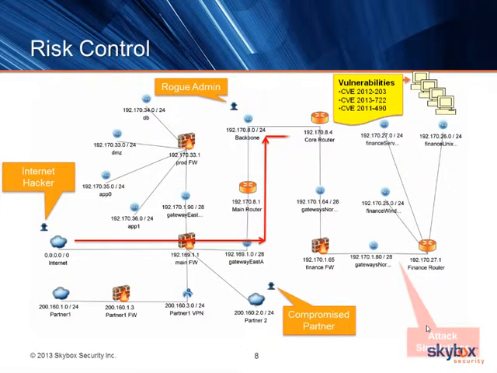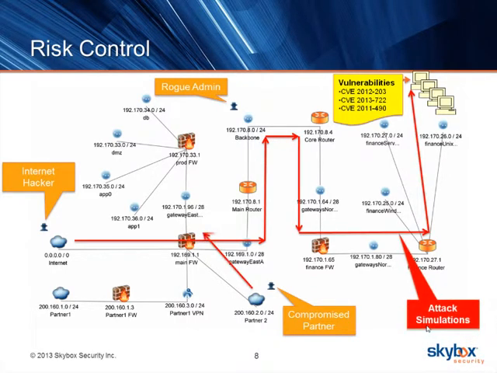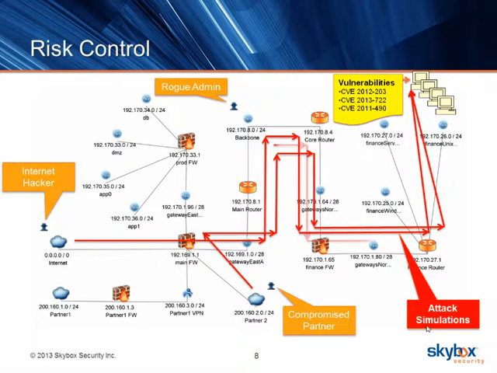Then we do attack simulation. From every one of the threat origins, we try to exploit every vulnerability on every asset we know about by seeing if the data necessary to exploit the vulnerability can be moved from the threat origin through the network, past firewalls and IPSs to the asset. Every time one of those simulated attacks is successful, we assign risk.